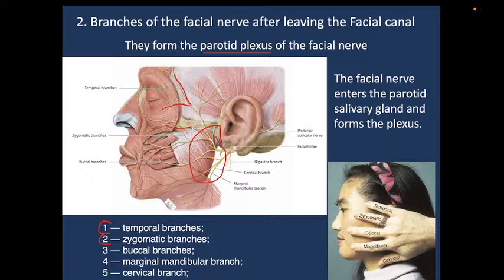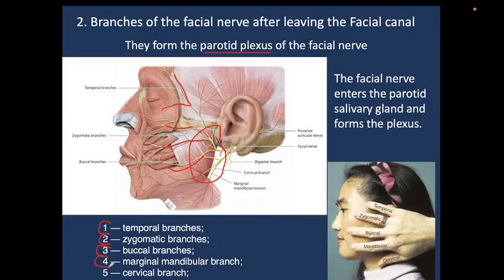They are here and here. They come to the middle part of the face muscles, and buccal branches as well. More often we could find not only one buccal branch, but sometimes 2, 3, sometimes 4 buccal branches.